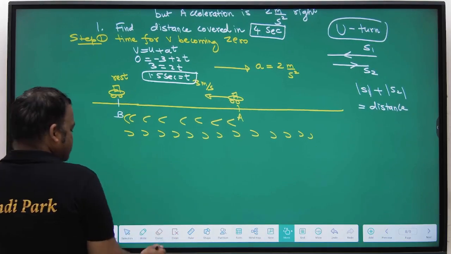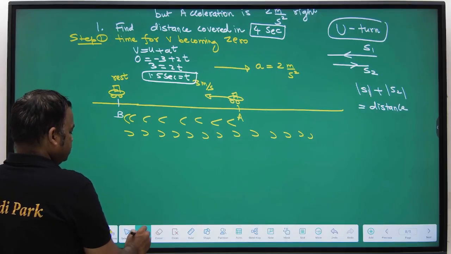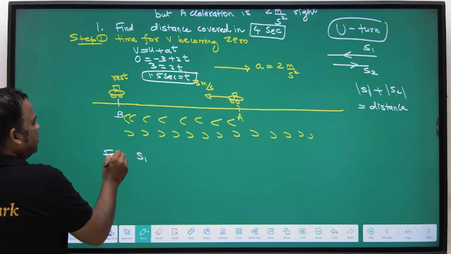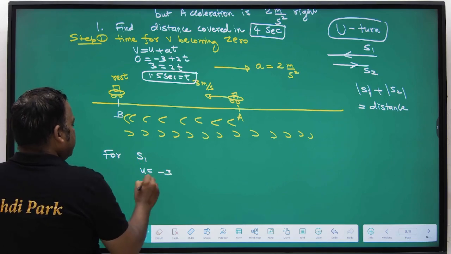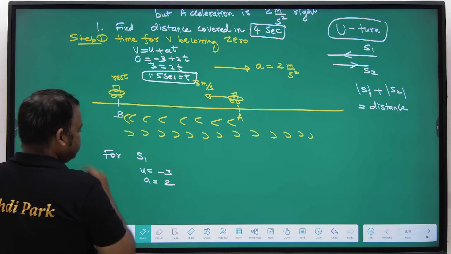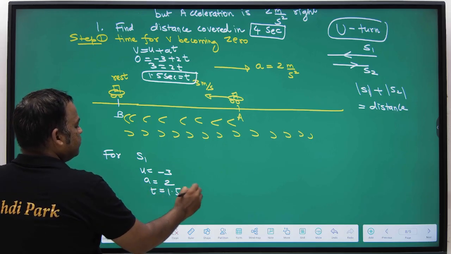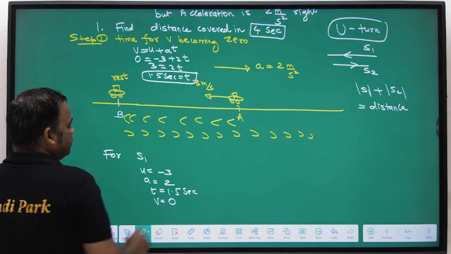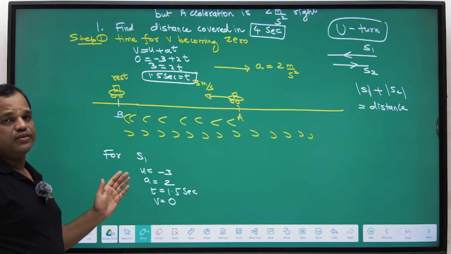How to find S1 and S2? So for S1, now we got u value is minus 3, a value is plus 2. Time also we got, it is 1.5 seconds, and v we also know it is 0. So we can use v square minus u square is equal to 2as.